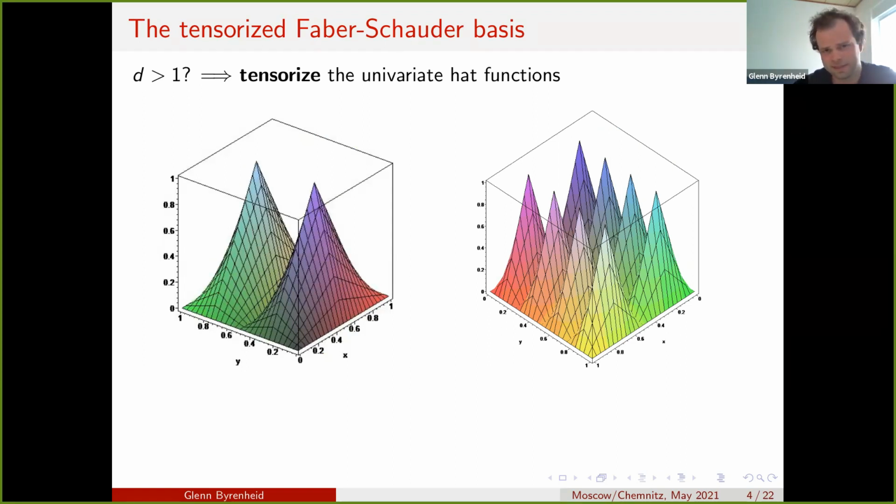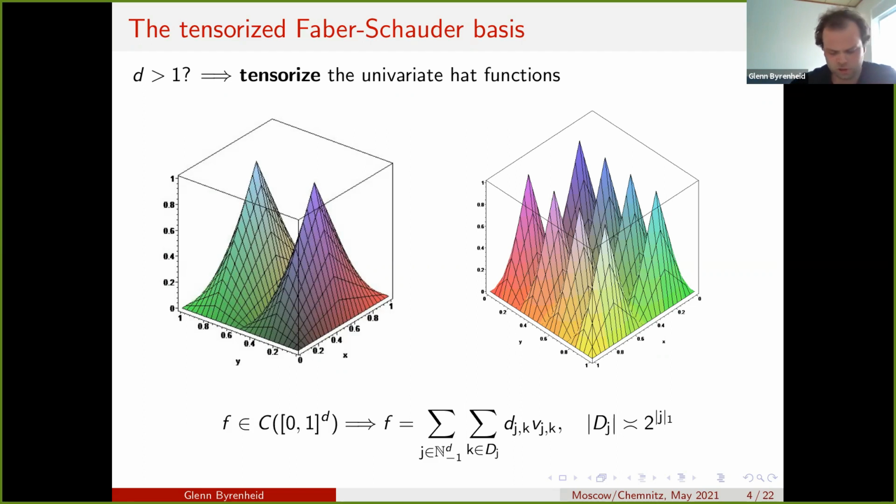Tensorizing in the wavelet sense means that we tensorize different levels. So it could be that we have in the first direction level 1 and in the second direction level 2, and both hat functions are multiplied with each other in this construction.